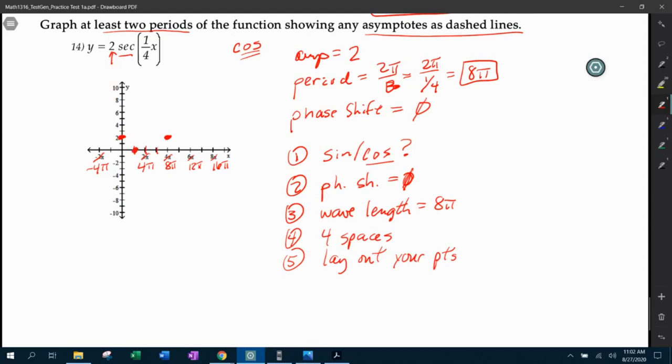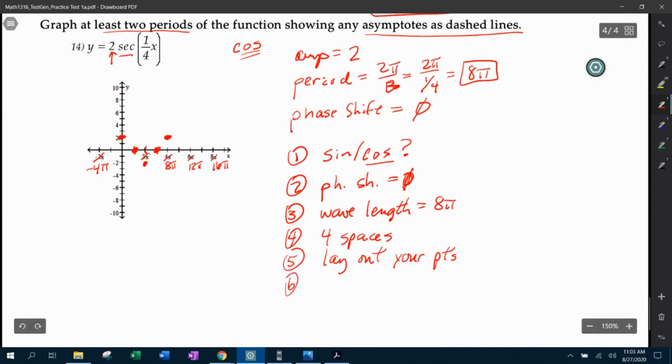At the next hash mark, I'm going to be at -2. At the next hash mark, I'm going to be back at the x-axis, and then I'm going to finish up at 2. So there's my layout, my points.